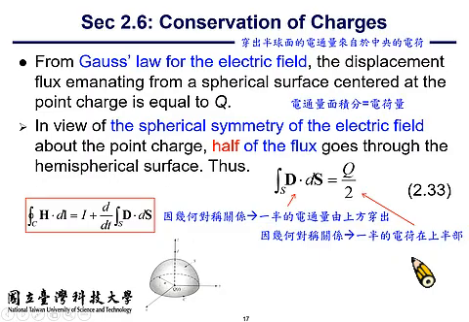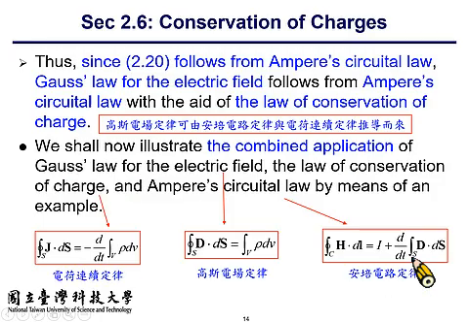And from Gauss's law for the electrical field, let's go back a little bit. This is Gauss's law of electrical field. Supposing that you have a closed surface, then the total displacement flux flowing out of this closed surface shall equal the total charge enclosed within this closed surface.